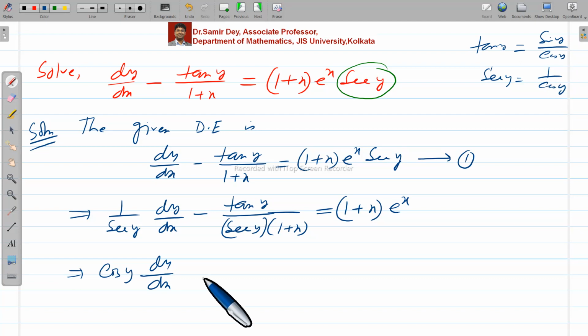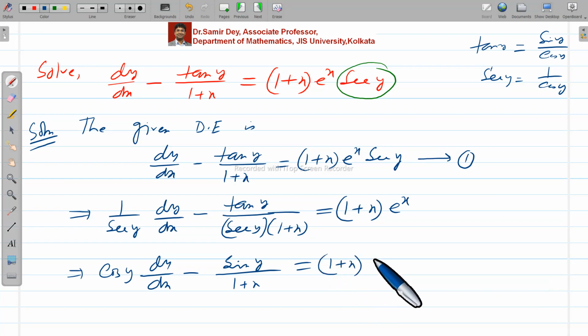If you simplify, it is coming, please check, it will be sin y by 1 plus x is equals to 1 plus x e to the power x. After simplification you have this. Is it clear? Basically tan y by sec y, it is coming sin by cos into cos by 1. So cos cancel, so sin y is left, so it will be sin y by 1 plus x.